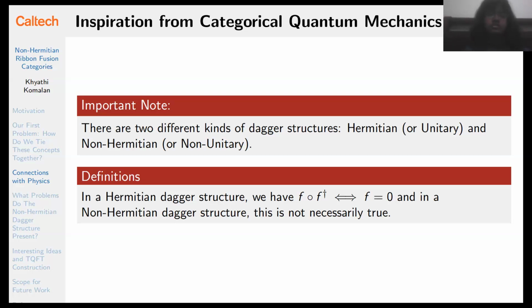Whereas the non-Hermitian case is a little bit messy because what you can use is limited. Going to definitions, in a Hermitian dagger structure, we have F composed with F dagger equals 0 if and only if F equals 0. In a non-Hermitian dagger structure, this is not necessarily true.